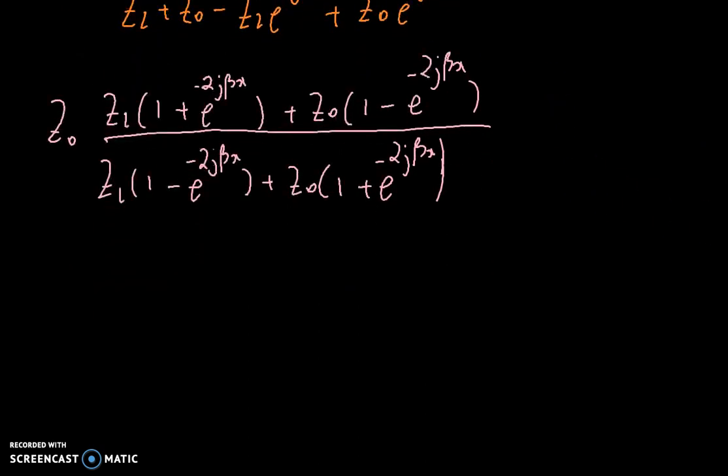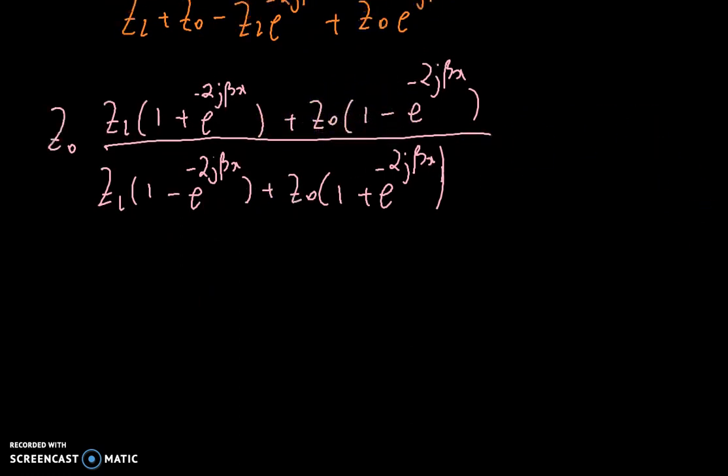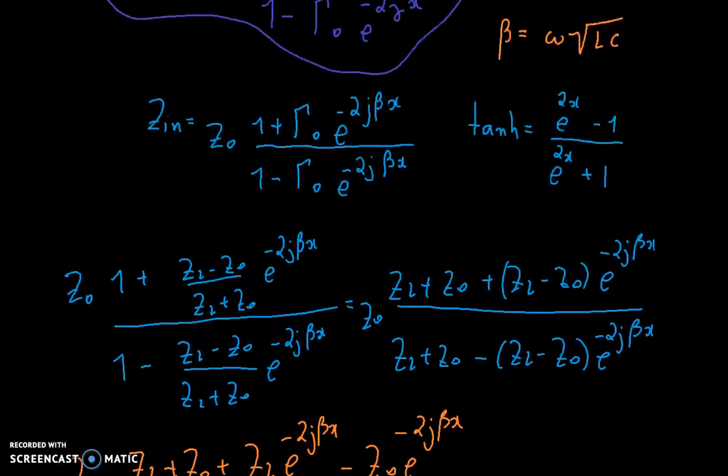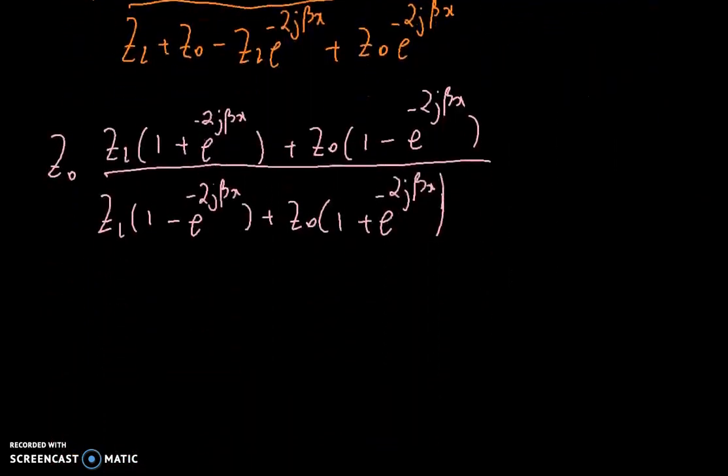Okay, so now we have to transform this into a form which is similar to the tanh function. Remember, the tanh here is e to the 2x minus 1, etc.